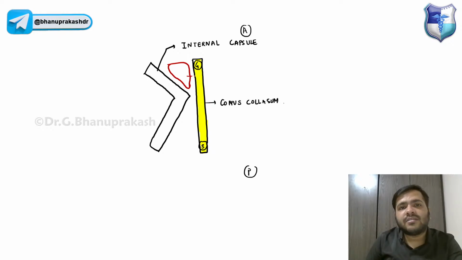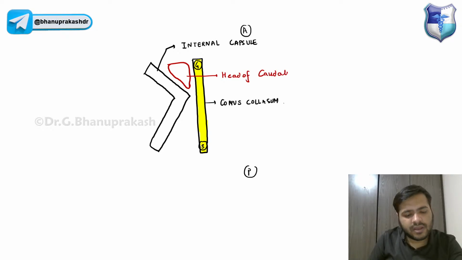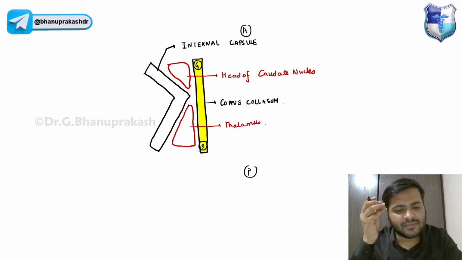We have this structure and this is called the head of the caudate nucleus. And on the downside of the corpus callosum, guys, you will see the structure which we call the thalamus. Right? This is called the thalamus.